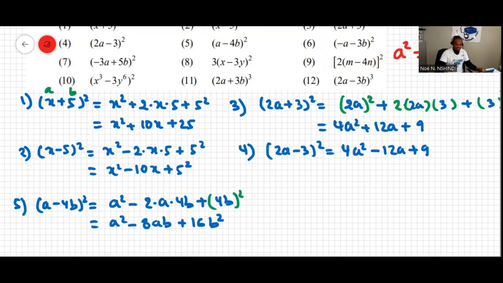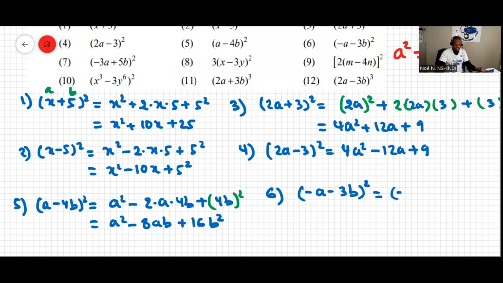Now, question 6. We have negative a minus 3b to the power of 2. Now, don't let the negative signs here intimidate you, okay? The process will be the same as previously. Over here, I'll do negative a to the power of 2.